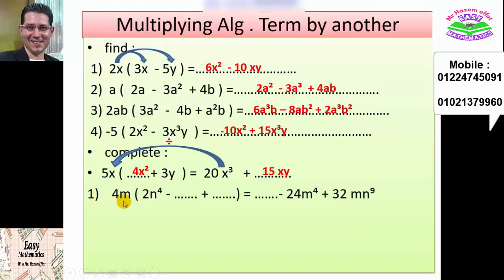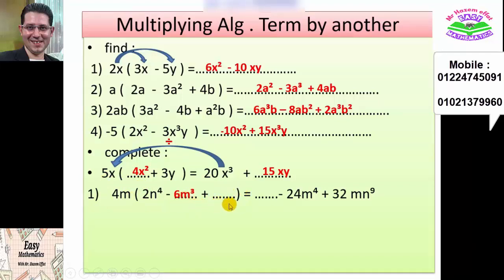The same, he gave me here, 4m multiplying 2m power 4 minus space plus space equal negative 24m power 4 plus 32mn power 9. Find this term. Yes, we must divide negative 24m power 4 by 4m. It will be equal 6m power 3.